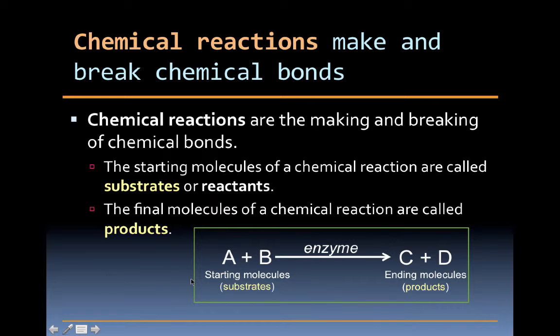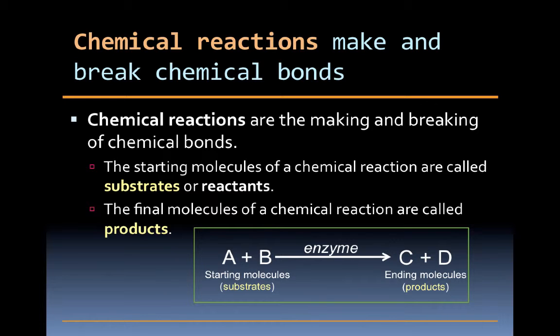To conclude this chapter, we're going to briefly mention chemical reactions. Chemical reactions are responsible for joining atoms together to build the molecules we've been discussing. And also, chemical reactions are responsible for breaking down molecules or breaking chemical bonds. So chemical reactions in general are the making and breaking of bonds between atoms.